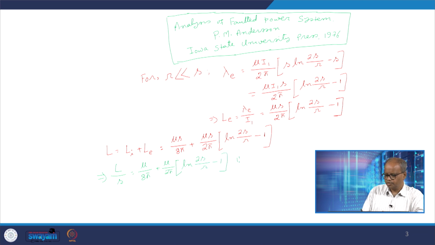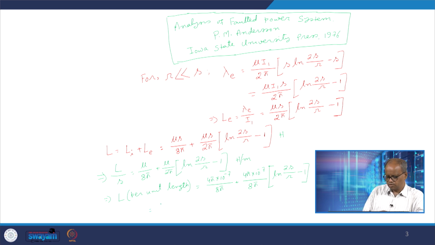So, it is Henry per meter. So, then therefore, let us denote it as the total inductance. Here it is per unit length, and is actually given by mu is 4 pi into 10 to the power minus 7 by 8 pi plus mu, into log twice s minus r by 1.